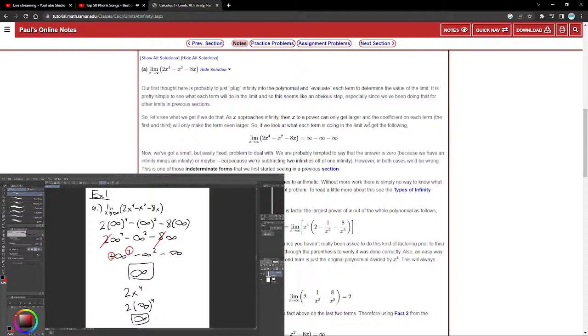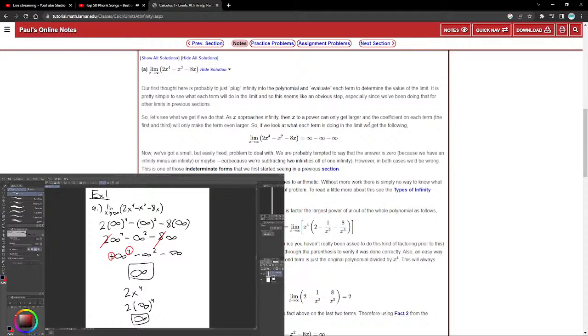Now we've got a small but easily fixed problem to deal with. We are probably tempted to say that the answer is 0 because we have an infinity minus an infinity, or maybe negative infinity because we're subtracting 2 infinities off of 1 infinity. However, in both cases we'd be wrong. This is one of those indeterminate forms that we first started seeing in a previous section.